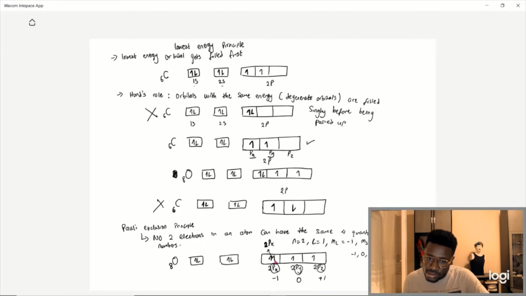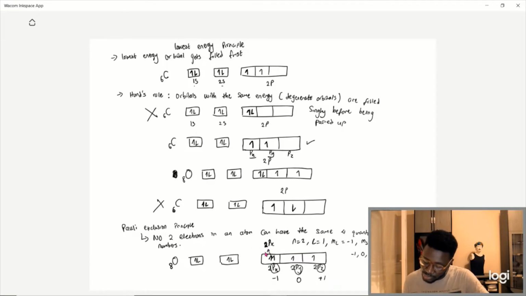But now this electron has exactly the same thing here. It's going to have the same n, the same L, the same ml, and exactly the same ms because it's pointing upwards. So this is a violation of your Pauli exclusion principle.